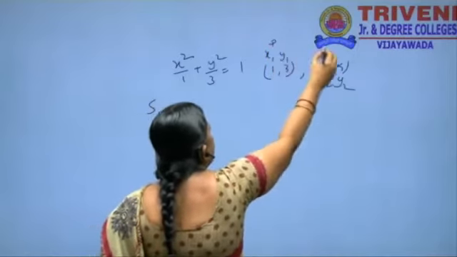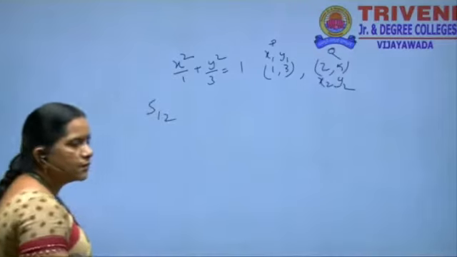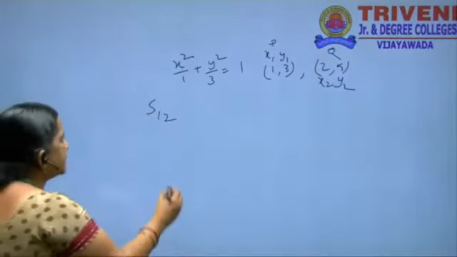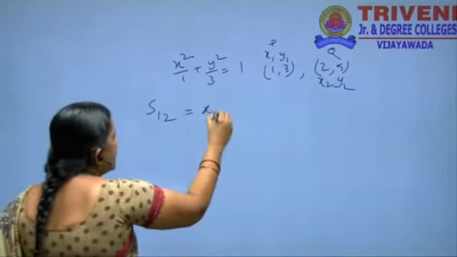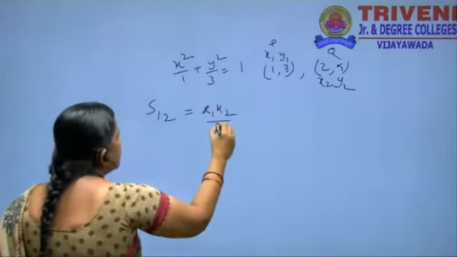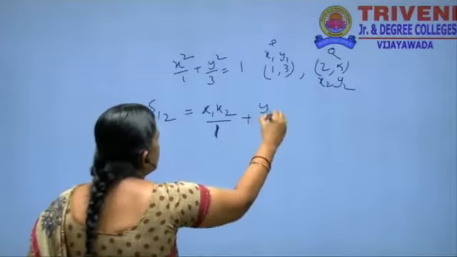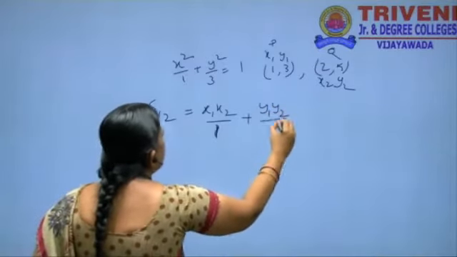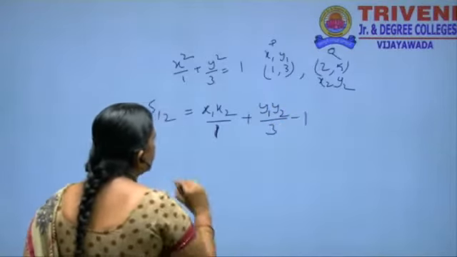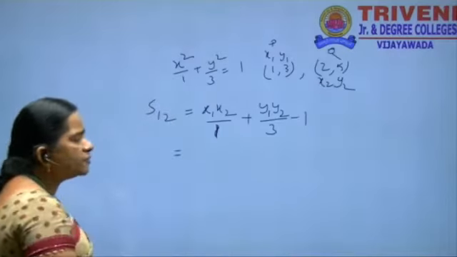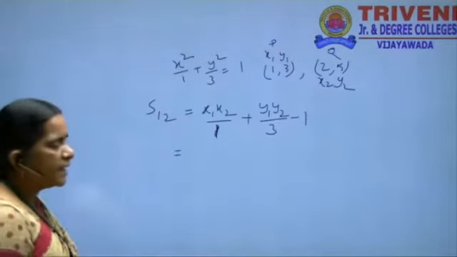This is point P, this is point Q. S12 can be written as x1 x2 by a square plus y1 y2 by b square minus 1. Already you know the values of x1, y1 and x2, y2.